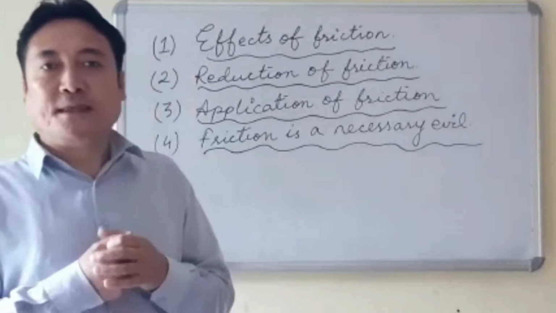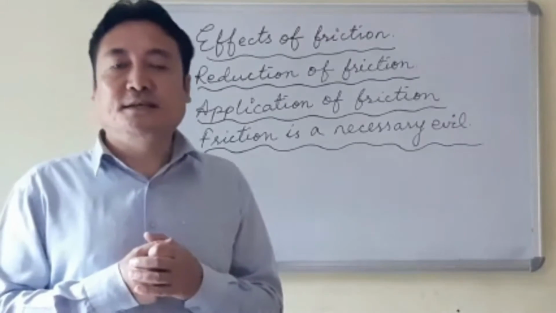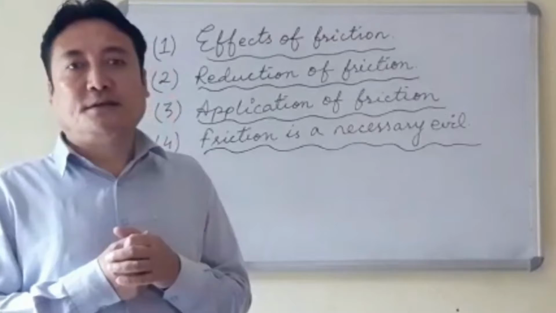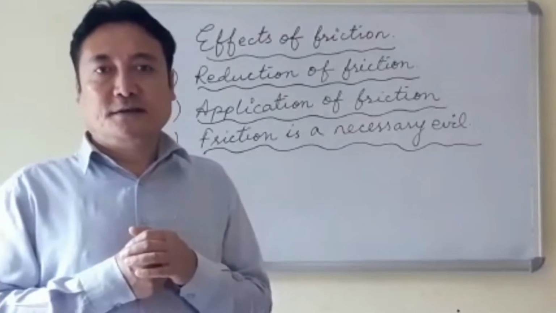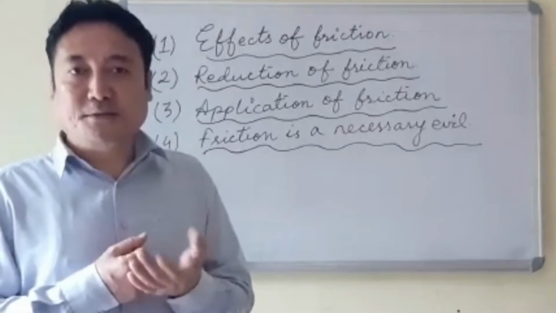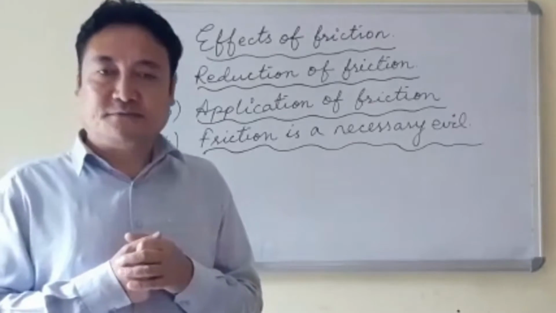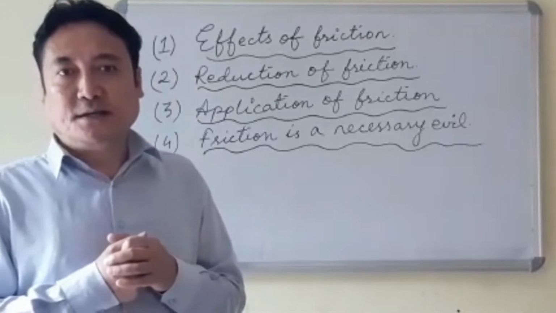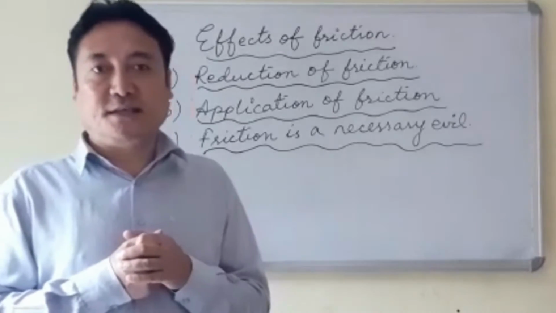The second effect is that friction causes heat. Heat is generated from the tire of a vehicle, from machines, from machinery parts, and also by rubbing your palms.